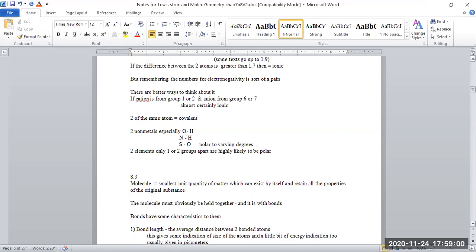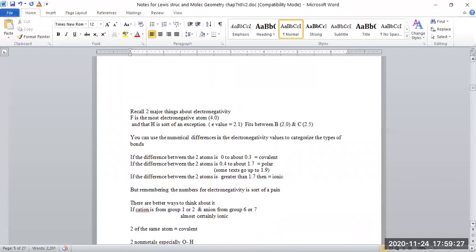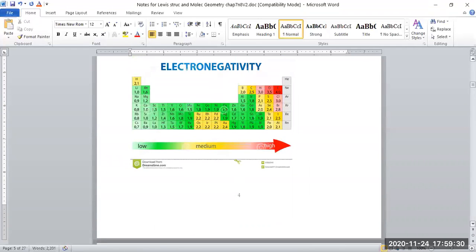Things that are almost always considered stereotypical polar bonds are oxygen-hydrogen, as in a water molecule, nitrogen-hydrogen, and also sulfur-oxygen. All of those have middling values. But if you go back and look at them again, I'm going to scroll back up here. Look at where the S is, and the O is above it.